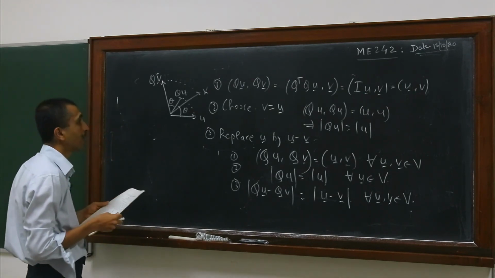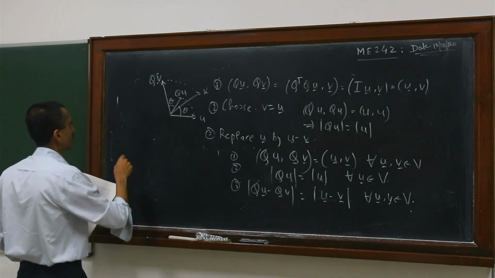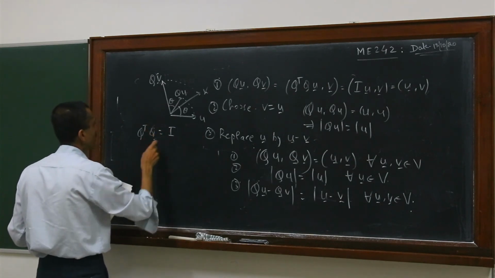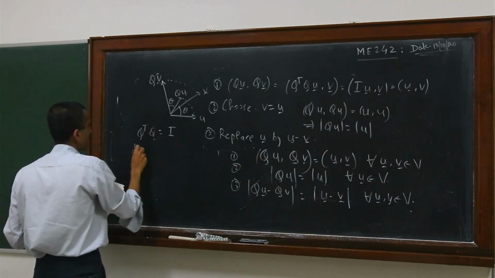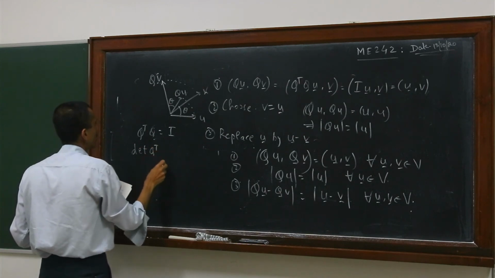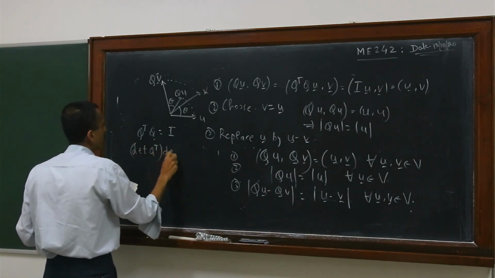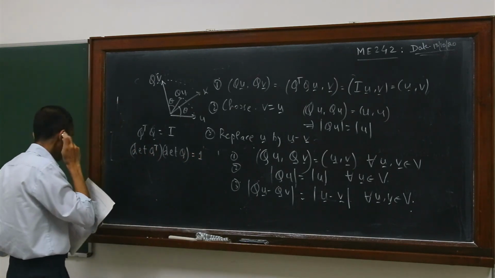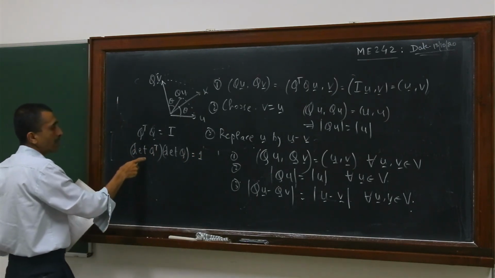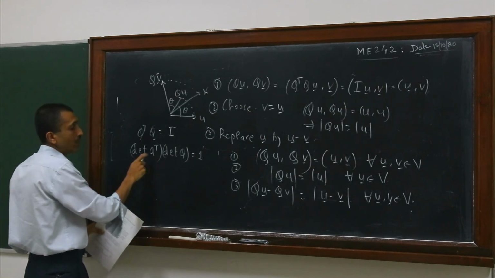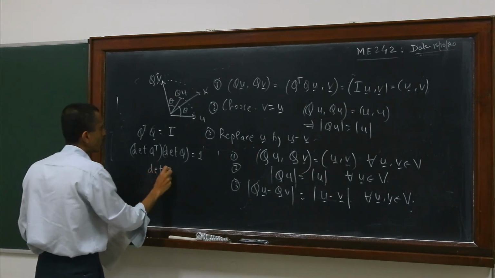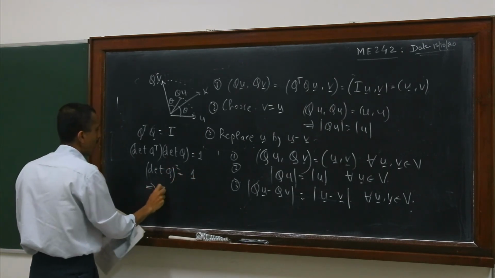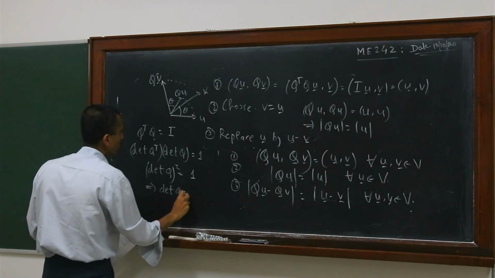Fine. So here, let me just write this. Q transpose Q is identity, right? Now, if you take the determinant of this, you'll get that determinant of Q transpose times determinant of Q is equal to 1. This is from the properties of the determinant. And we have seen that the determinant of Q transpose is equal to determinant of Q. So determinant of Q squared is equal to 1. So this implies that determinant of Q is equal to plus or minus 1.